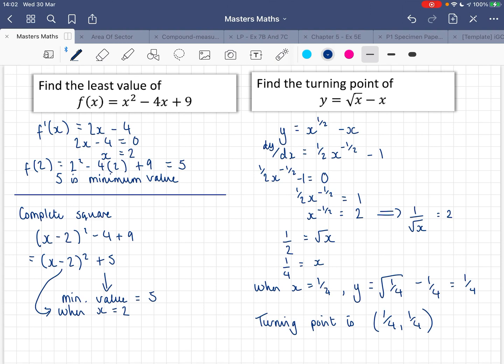The only thing that changes is the function that you're differentiating, and that can be more or less complex depending on how nice they're being in the exam. The actual process is the same each time. Differentiate, put your dy by dx equal to 0, solve that equation, and then put your x into your original function to find the corresponding y value. That's it.